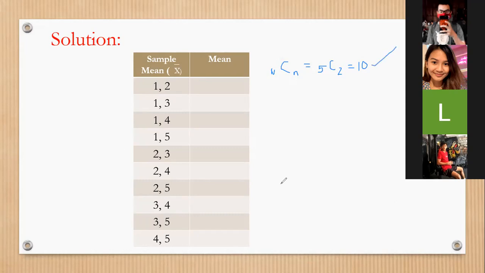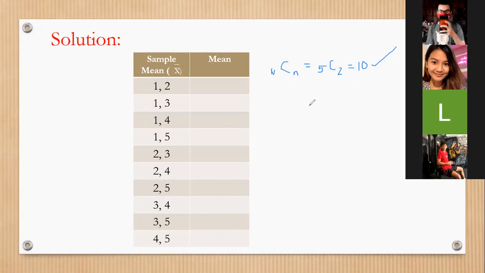Okay po? And then, after putting up your table for the sampling distribution, you need to find the mean. So, paano nga ba natin kinukuha ang mean? So, bawat isang sample mean, itong dalawang ito, i-add ninyo.